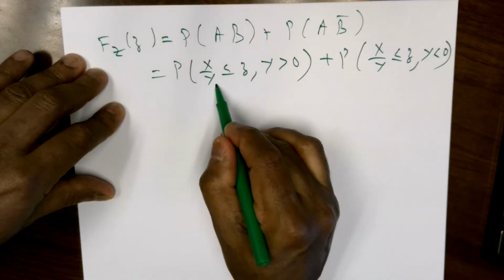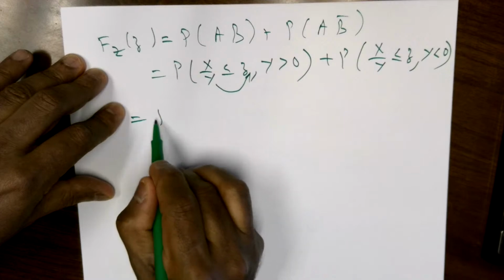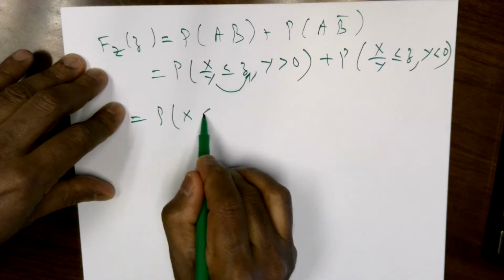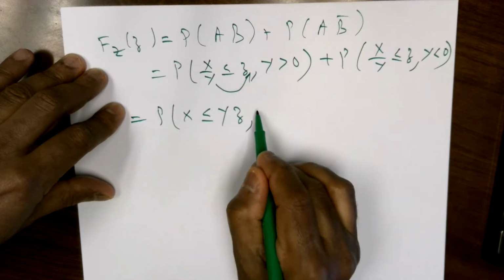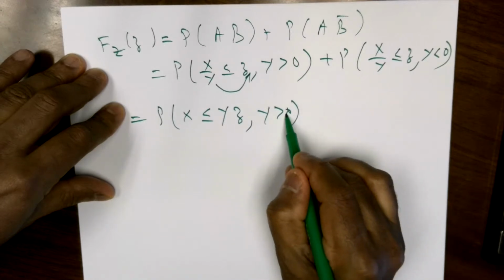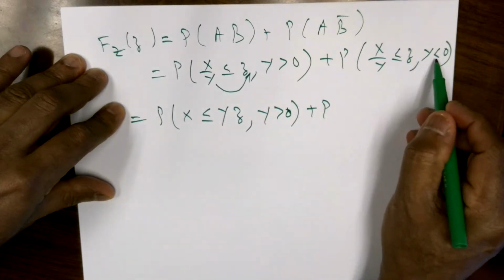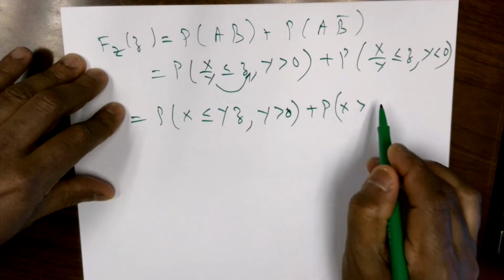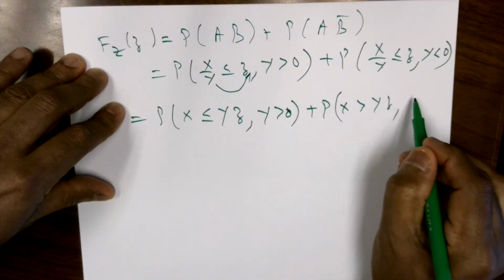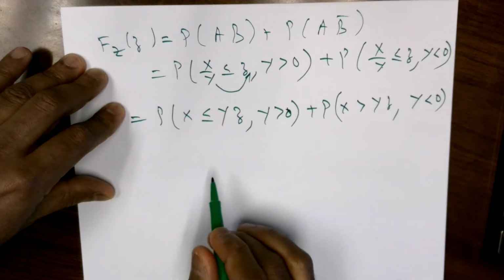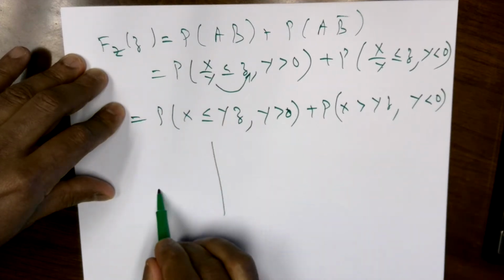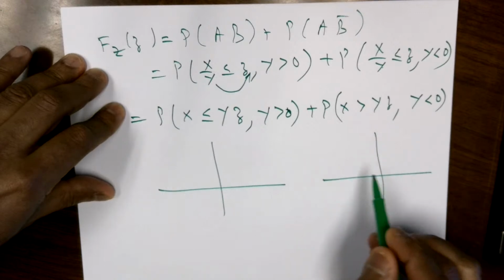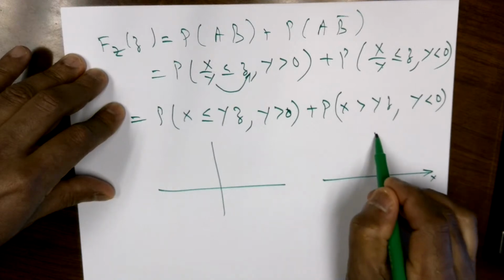Because Y is positive, we can bring this up here with the inequality staying this way. And here, because Y is negative, when you bring it here, the inequality flips. So this becomes X greater than Yz when Y is less than 0. So we can figure out the two regions where this holds and then add it up.